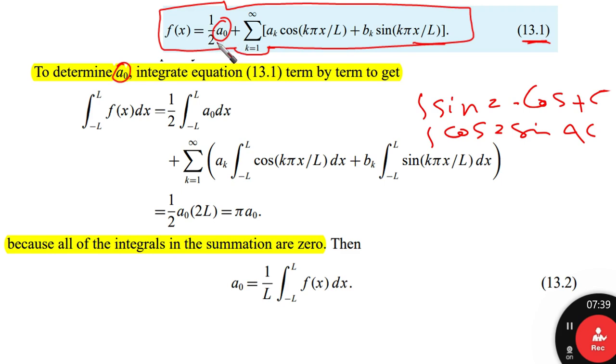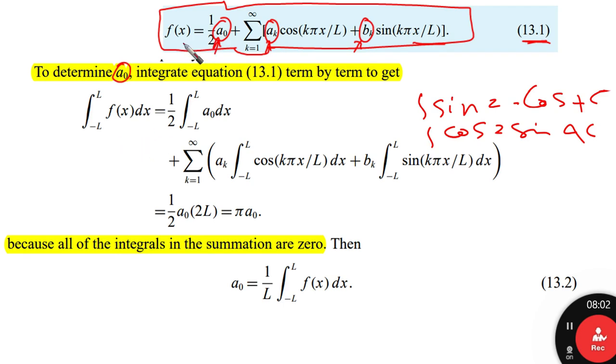I'm going to show only how we can obtain a0, and from this you will have an idea of obtaining the coefficients. The remaining ak and bk are routine integrations that you can obtain easily, so I'm going to put them directly.